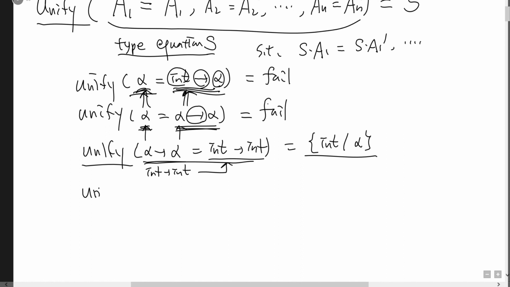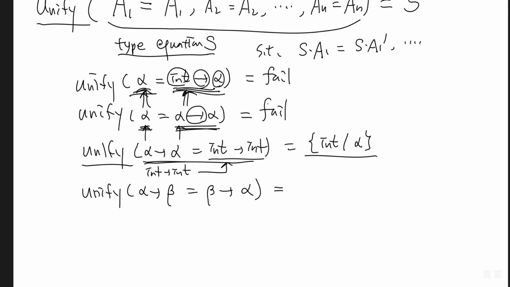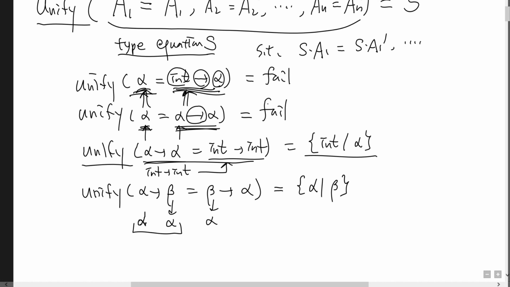And what about unify alpha arrow beta equals beta arrow alpha? This example illustrates that the result of this unification algorithm may not be unique, but all the unification algorithms produce valid results. In this case, you could choose alpha for beta. Then beta becomes alpha, so the left side is alpha arrow alpha, and the right side is alpha arrow alpha.